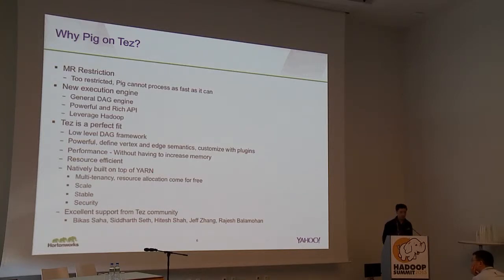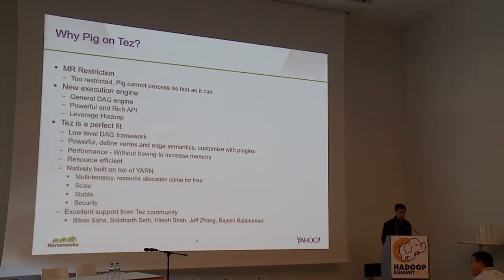Pig is traditionally built on top of MapReduce. MapReduce is good. It is stable, and it is scalable. MapReduce provides a simple API, but at the same time, it is very restrictive. So things worked very well at the beginning.